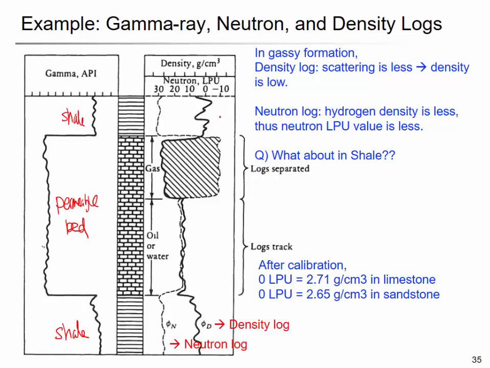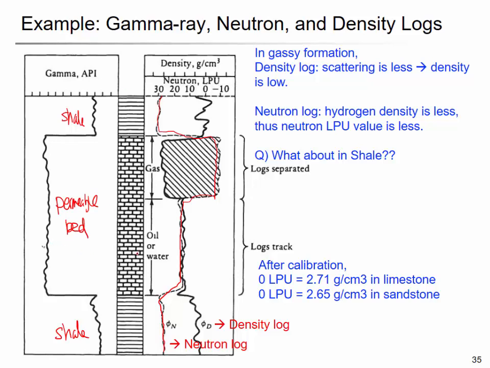So then, what is the neutron log? The dashed line, this one, is the neutron log. So this is the porosity that's estimated by this neutron log. Oh, sorry, this is the density value. And the solid line is the density value estimated by the density log.